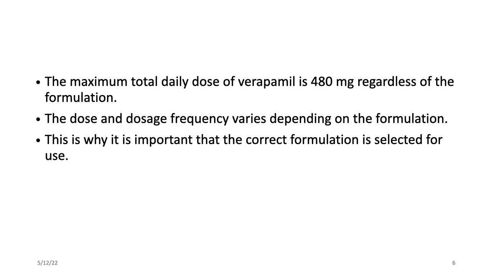The maximum total daily dose of verapamil is 480, regardless of the formulation. The dose and dosage frequency vary depending on the formulation. This is why it's important that the correct formulation is selected for use.